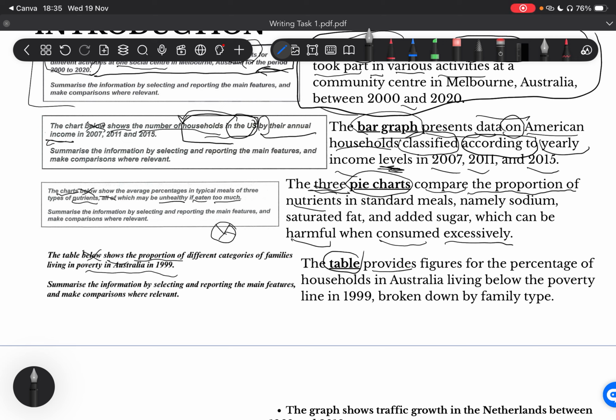So here we have in poverty, below the poverty, broken down by family type, so different categories of families. That's how it was added through a comma, through a relative clause.